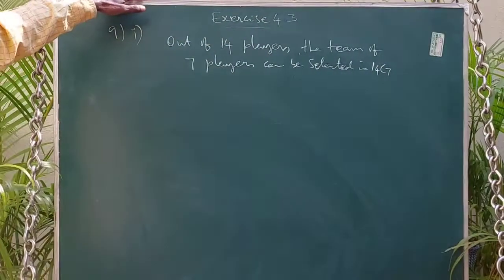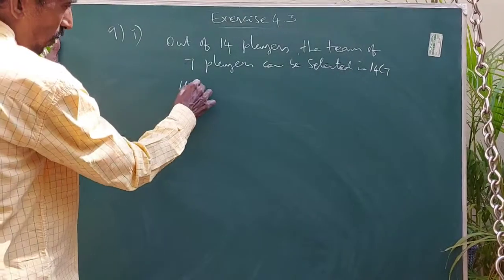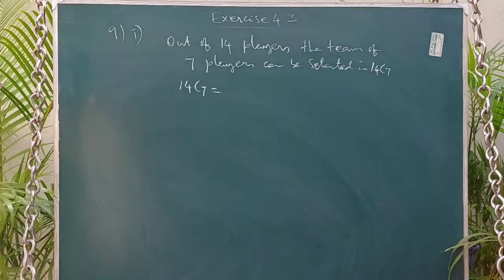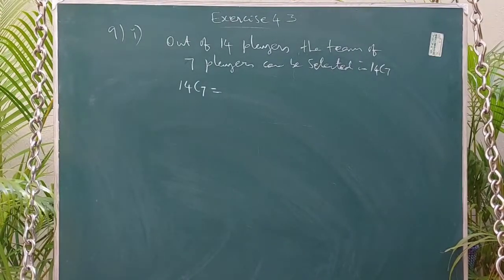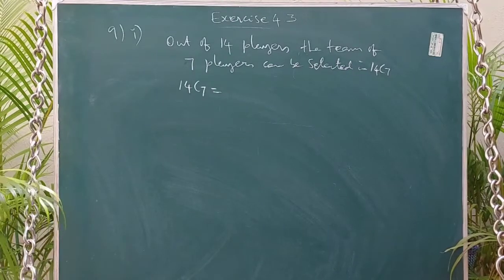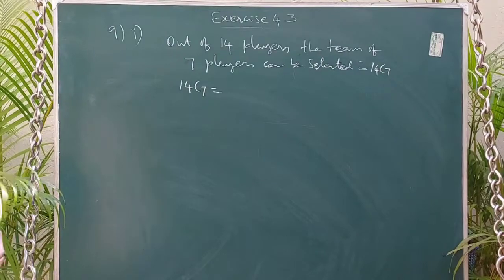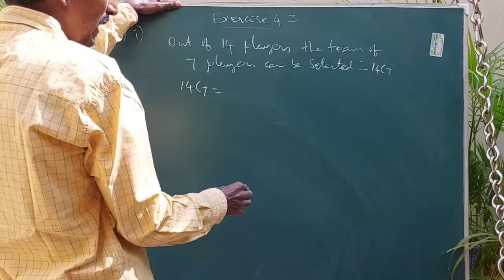So find out the value of 14C7. I think we know the value for 14C7. n factorial by n minus r factorial into r factorial, or simply you can write numerator 7 values, denominator 7 values, numerator decreasing from 14 and denominator increasing from 1.